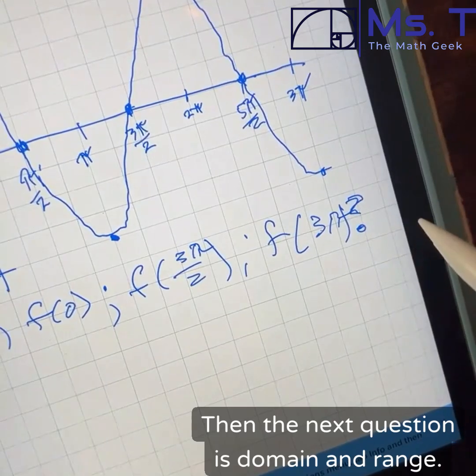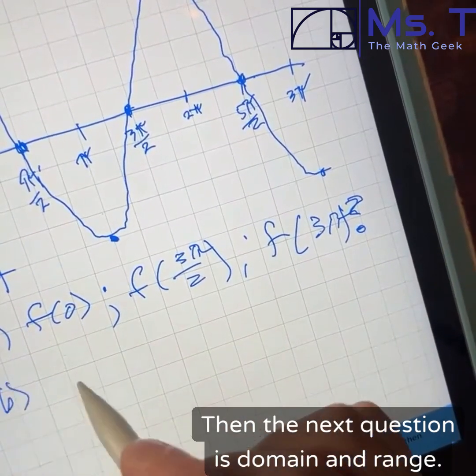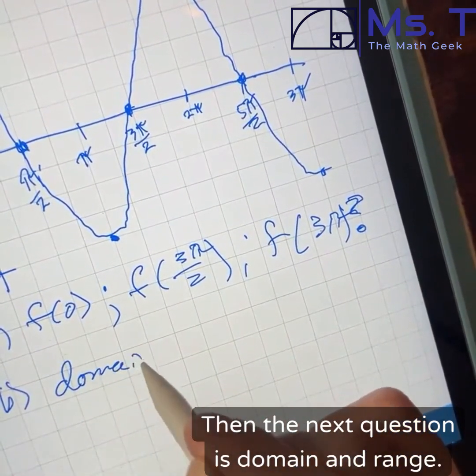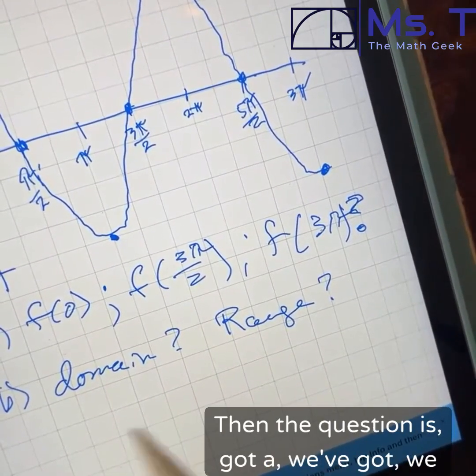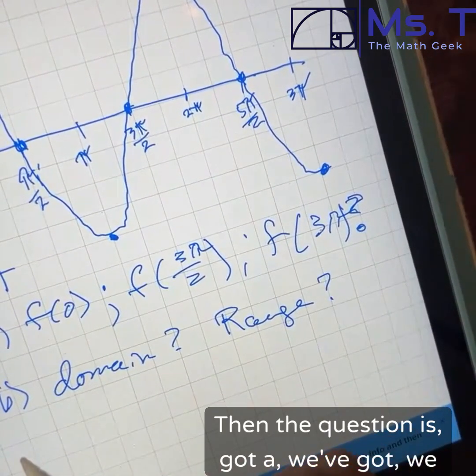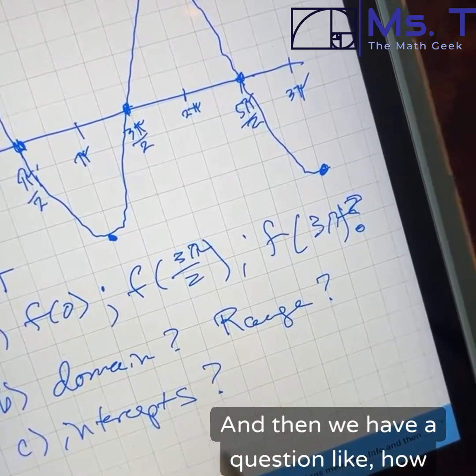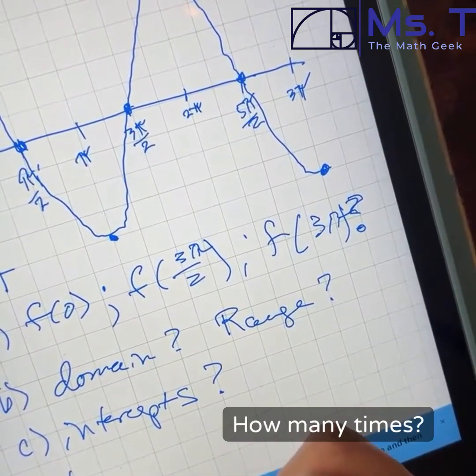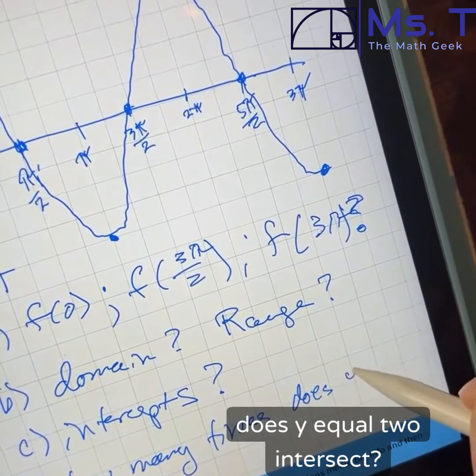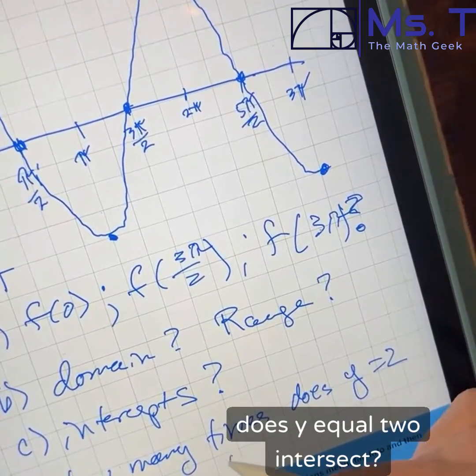Then the next question is domain and range. I'll just use what I have here instead of what the original problem was. Then we want to look at the intercepts. And then we have a question like, how many times does y equal 2 intersect?